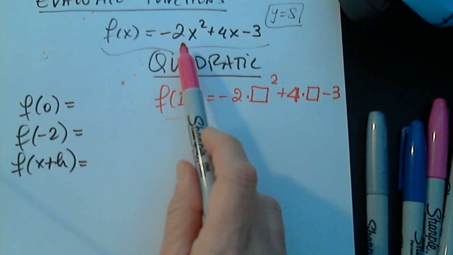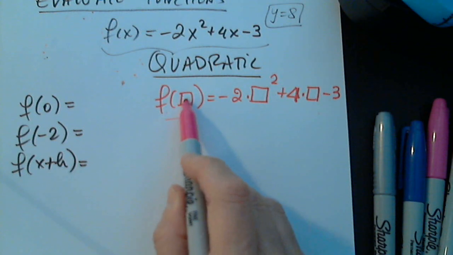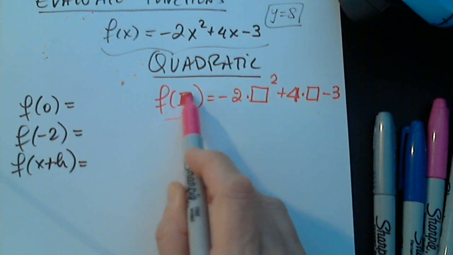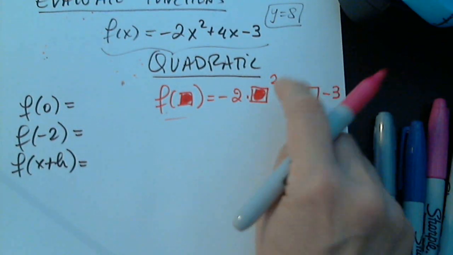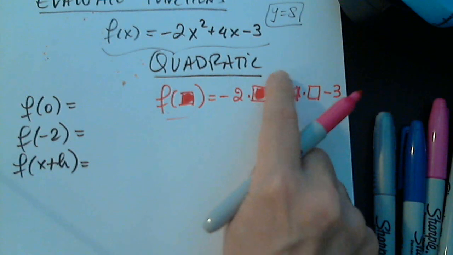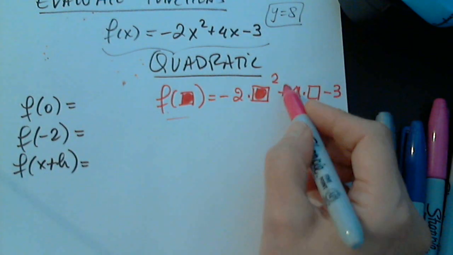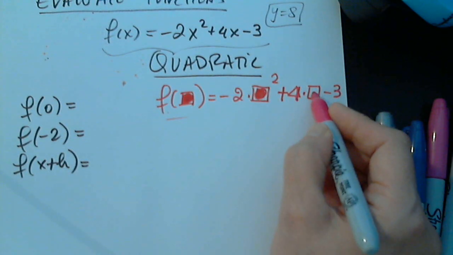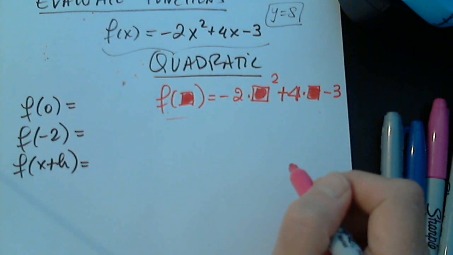So this is the same thing, but it tells me that if I want to evaluate it for whatever, I have to take the whatever and square it, then multiply this quantity by -2, and then add 4 times the whatever, and subtract 3 at the end.